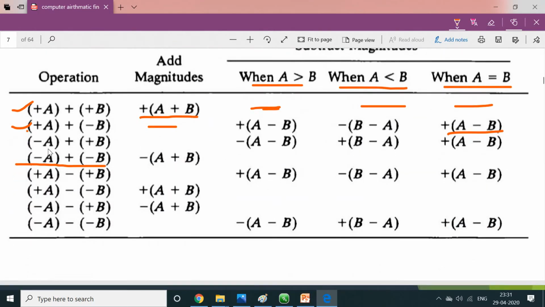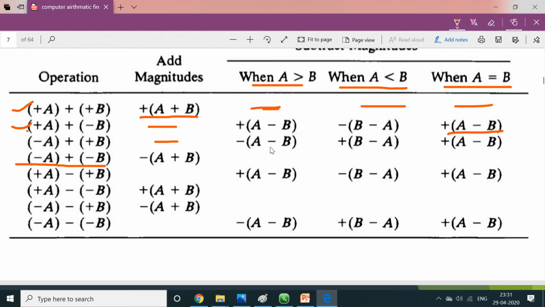Next, third case. In the third case, minus a plus b. Here a sometimes represents a minus b. If one is a negative number and the other is a positive number, the subtraction operation is possible, so there is no addition of magnitudes.